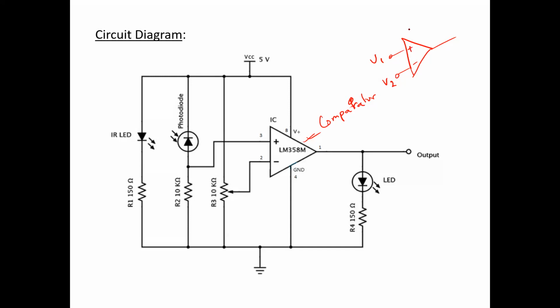If the voltage at the non-inverting terminal is higher, if V1 is greater than V2, then the comparator will send a high signal, and if V1 is less than V2, then the comparator will send a low signal. So this op-amp is going to work as a comparator over here, and now the 2 inputs at the non-inverting terminal and the inverting terminal, from where these 2 inputs are coming, let us have a look at those.